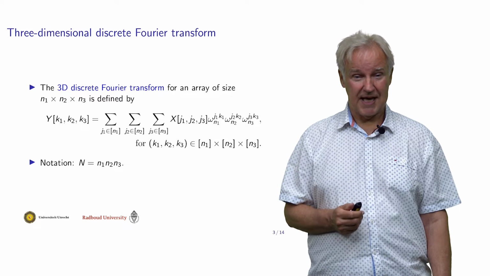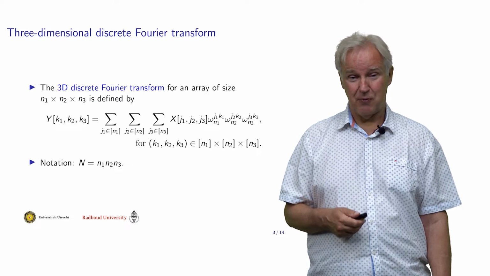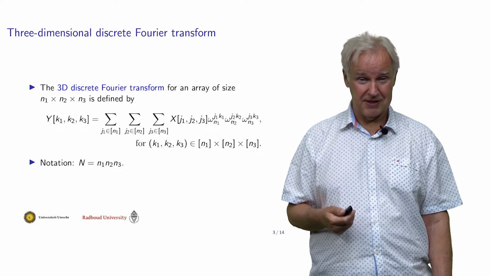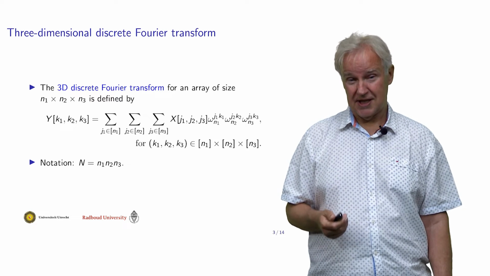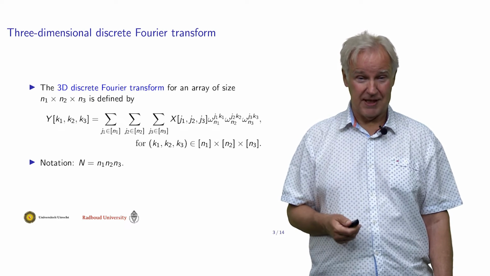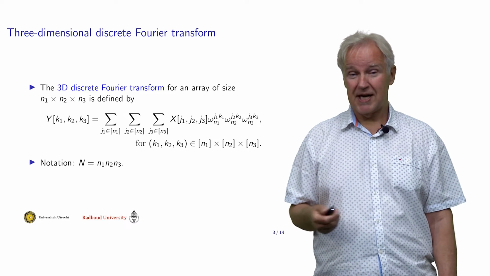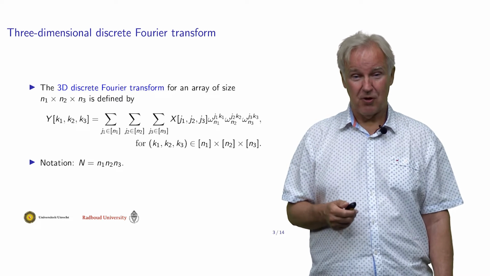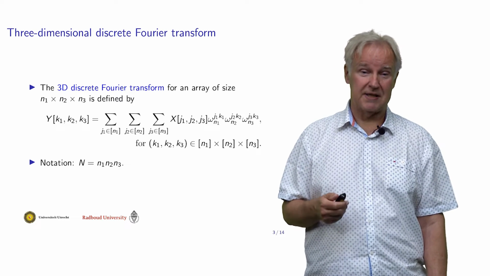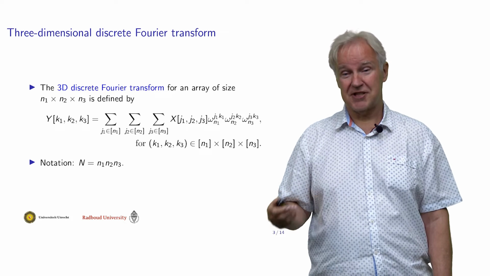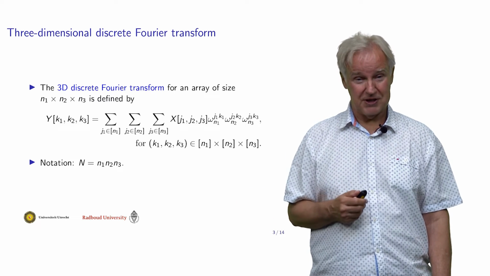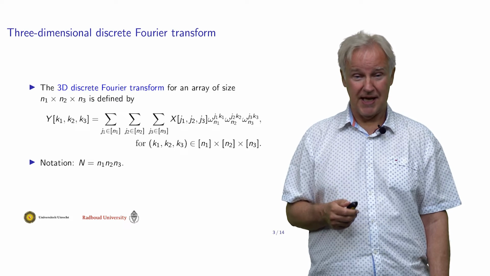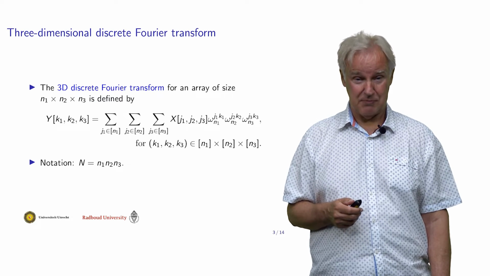So here we get the sum over all the j1s, the j2s, the j3s of this value x_{j1,j2,j3} times 3 omega factors, omega_{n1} to the power j1 k1, and the same for 2 and 3. The total number of points will be just n1 times n2 times n3.